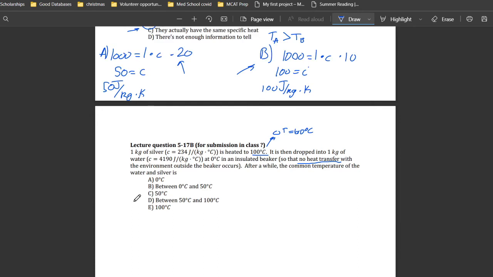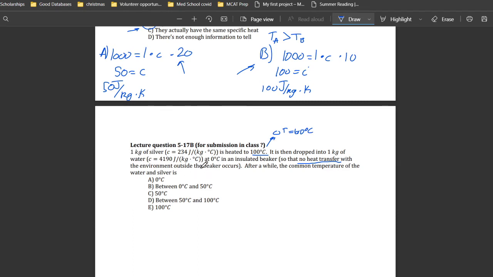So, for this problem, since we know we have no heat transfer, we know that the energy input into silver when it is heated to 100 degrees Celsius is going to be the same as the energy transferred from silver to water when it is placed into that beaker of water.